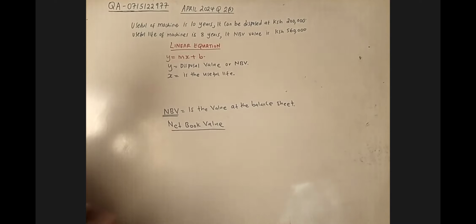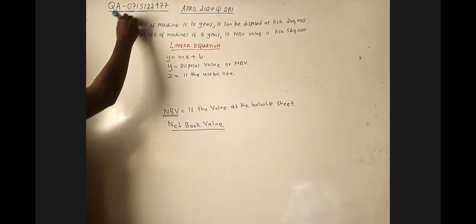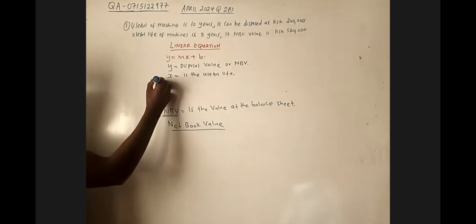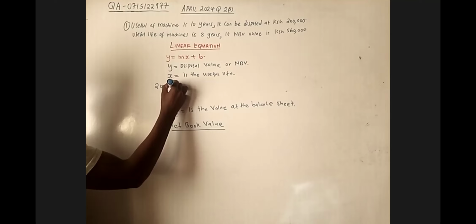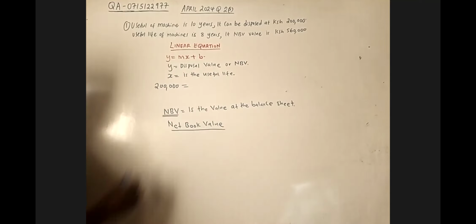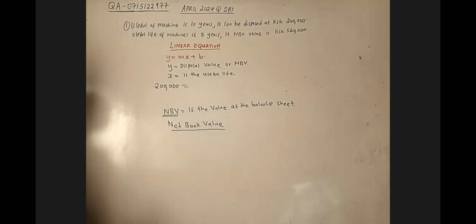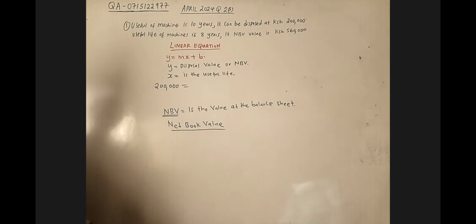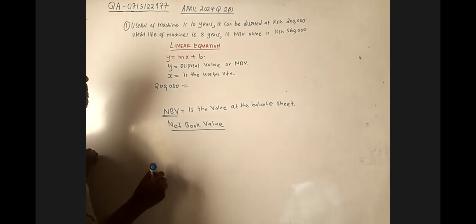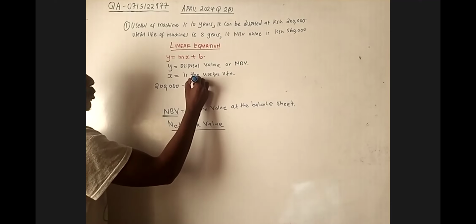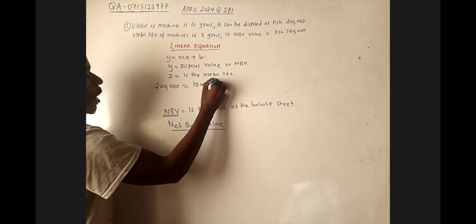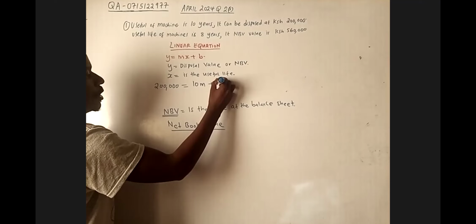So let us now use these values in the equation. When the disposal value is 200,000, remember disposal value is y, our x is 10 years.